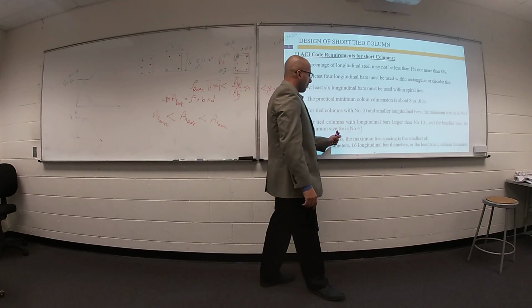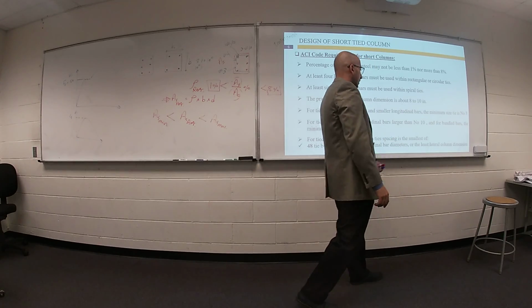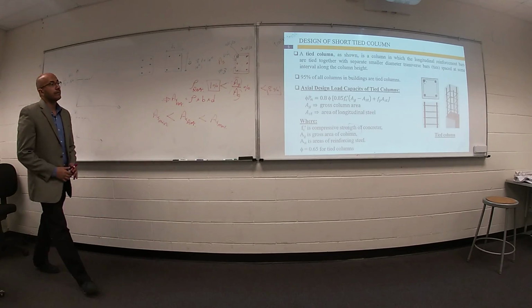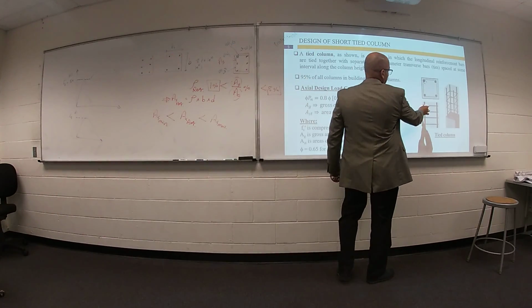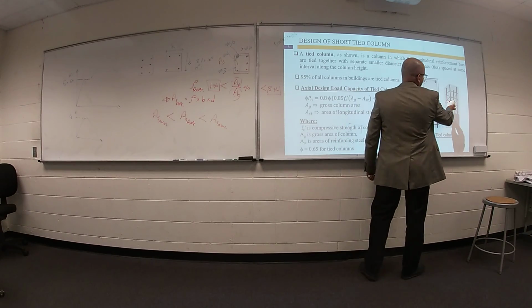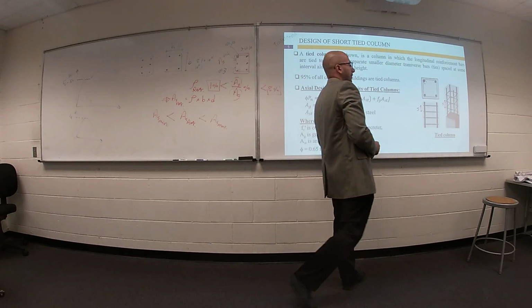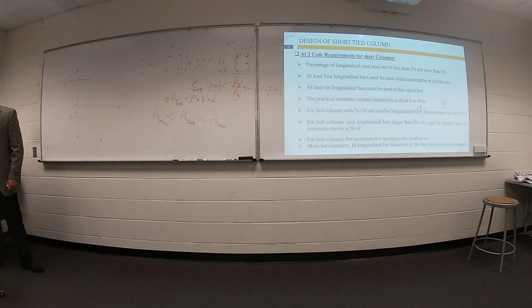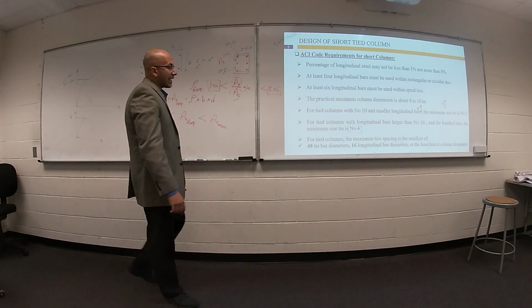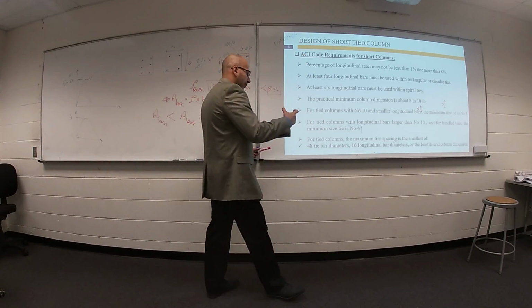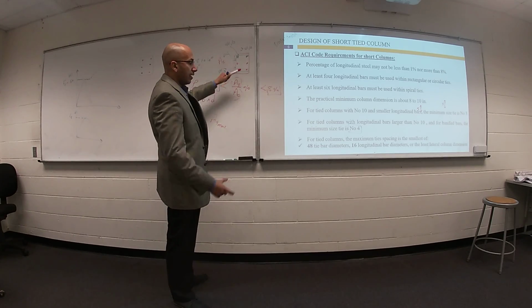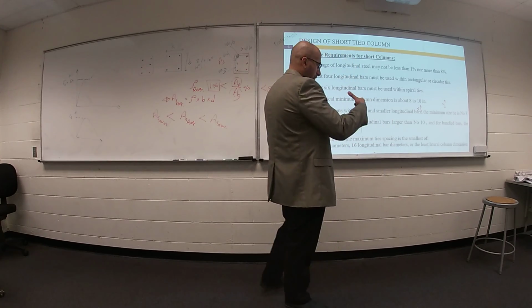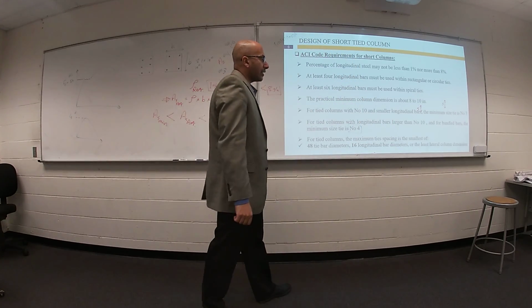For tied columns, the maximum tie spacing, this spacing between stirrups, between ties, may be the smaller of 48 times the tie bar diameter, 16 times the longitudinal bar diameter, or the least lateral column dimension.